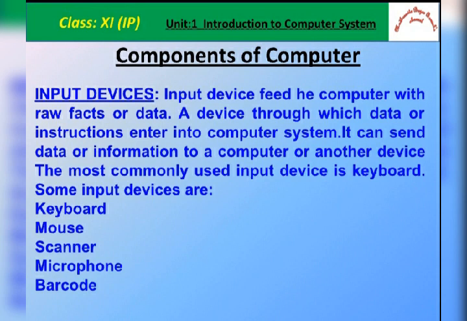Address bus carries addresses of specific places in the memory where data and instructions may be found or stored, from the CPU to the memory. And the control bus carries instructions between the CPU and the other parts of the computer. So these are all about the CPU.